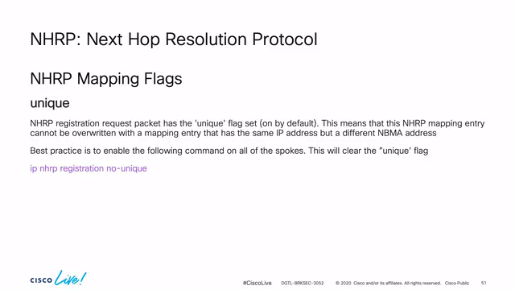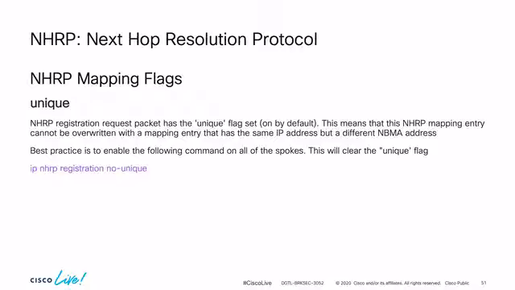Let's say that a spoke is getting its NBMA address dynamically. It could be with DHCP, or it could be behind a NAT device, wherein the NBMA address of the spoke keeps changing. In this case, let's say you've rebooted your spoke and it gets a new NBMA address from the ISP.